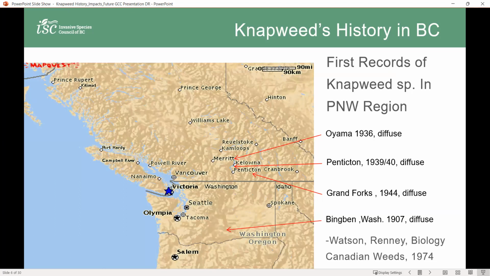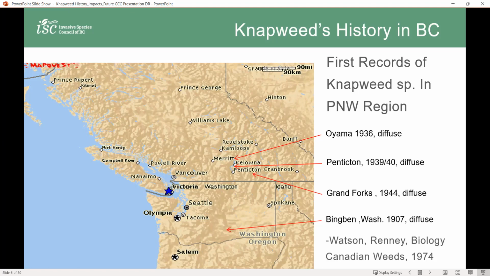It's thought that spotted knapweed first occurred in BC over in Nanaimo, and the thought was that it came over from Europe in the soil ballast that ships used to put in their holds. They were coming over full of soil as ballast, and then they would be loading up on lumber.